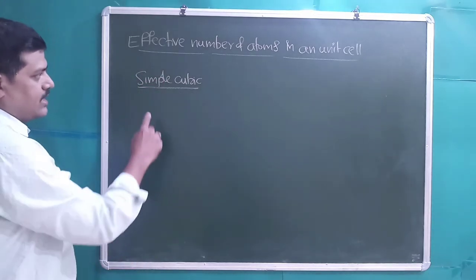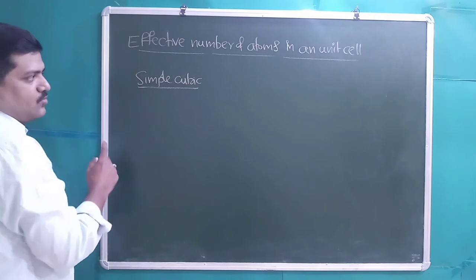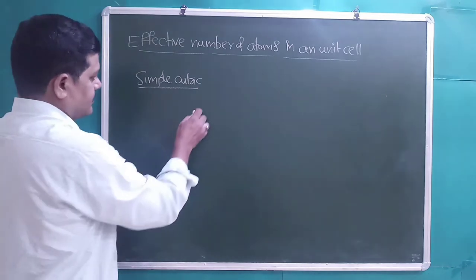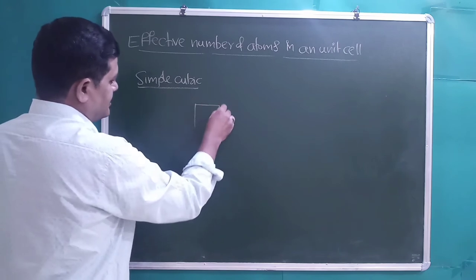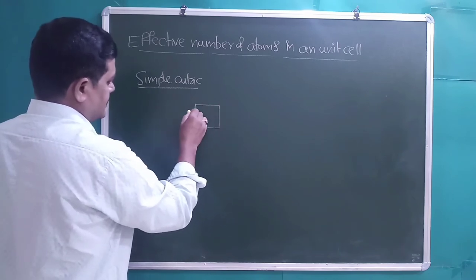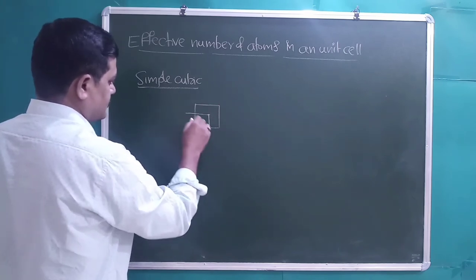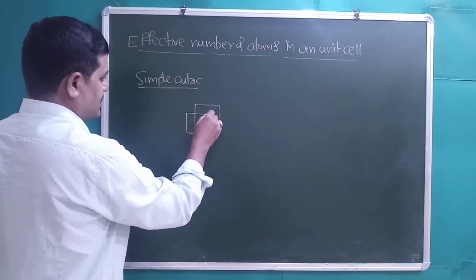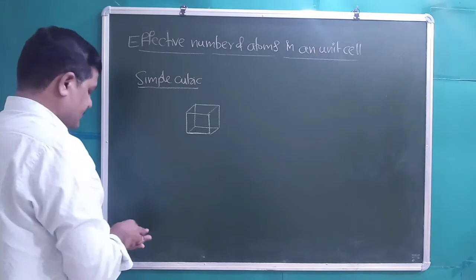That is also known as the primitive unit cell. Simple cubic is known as the primitive unit cell. Lattice points are present at 8 corners.